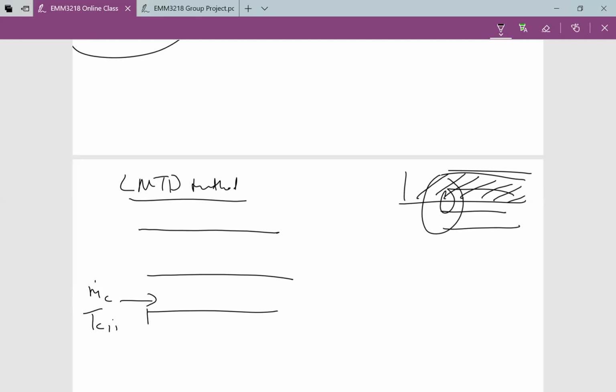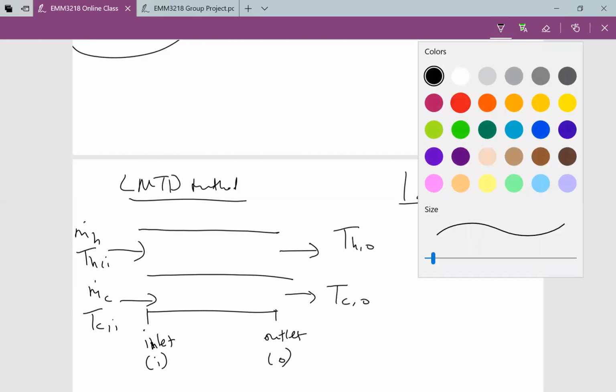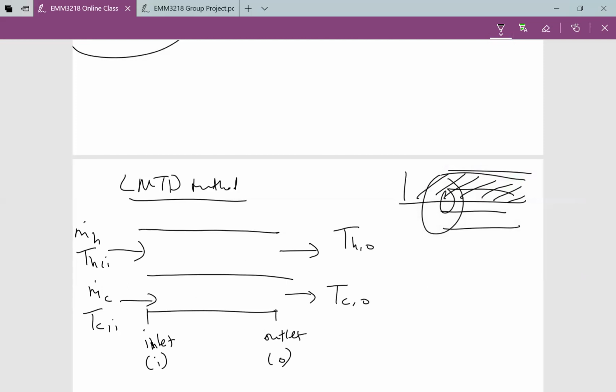Then the hot fluid is flowing in the other tube at a certain hot inlet temperature, and then it's leaving at the hot outlet. This is the cold outlet. You know that heat transfer is going to happen from the hot to the cold fluid.